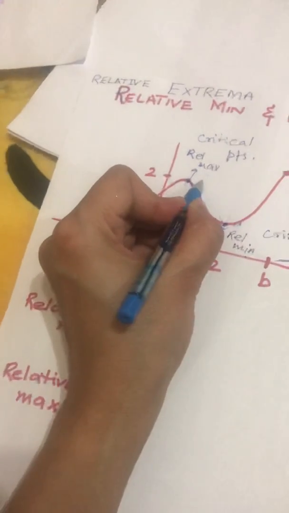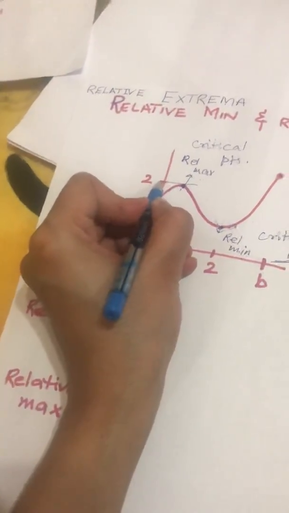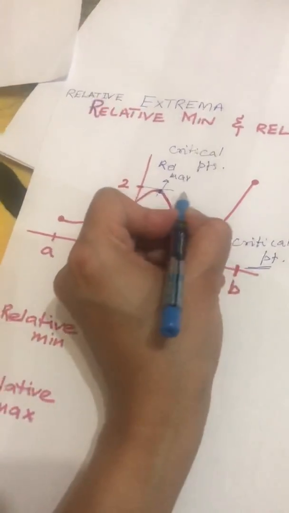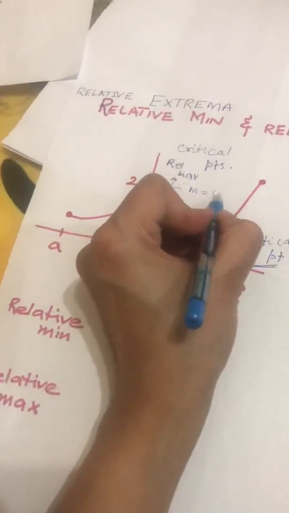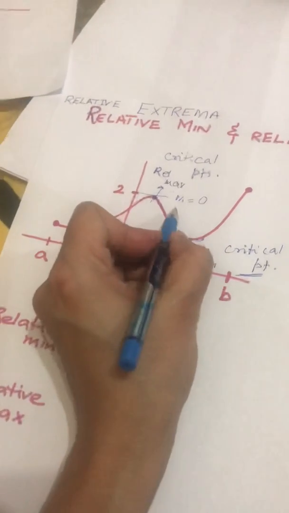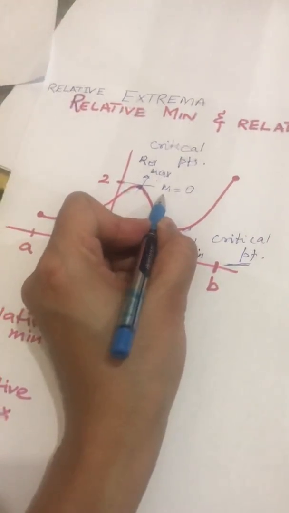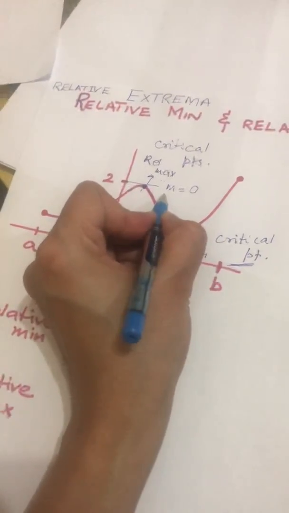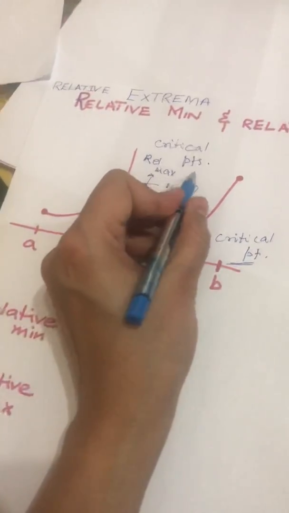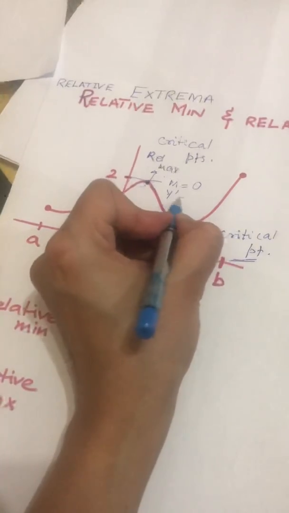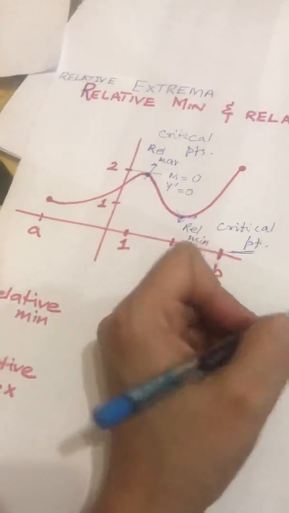If I draw a tangent line at this point, what I have seen is that the slope of the tangent line is equal to 0, and I also know that the slope of the tangent line is also known as the derivative. So it means at critical points the derivative of the function is 0.